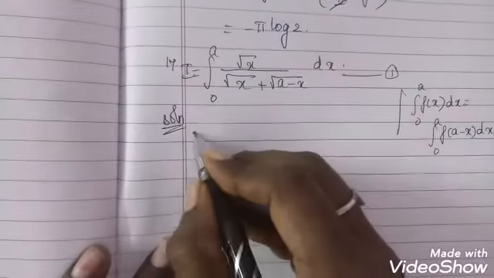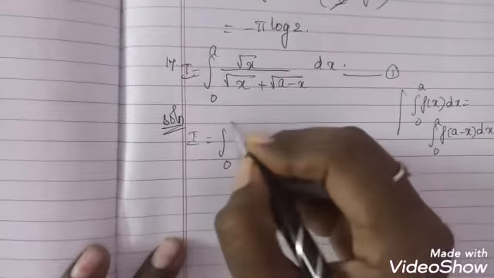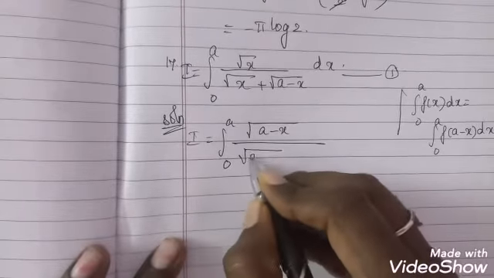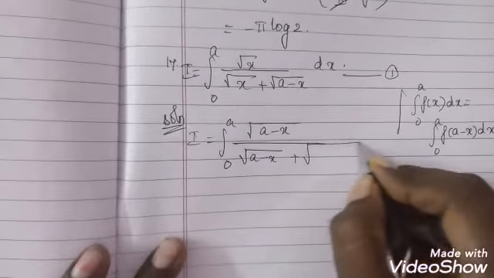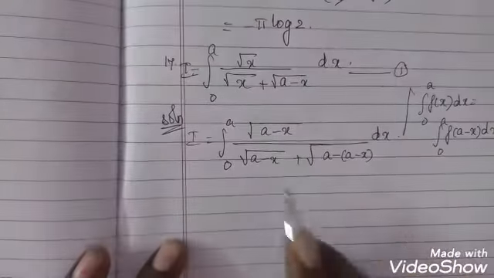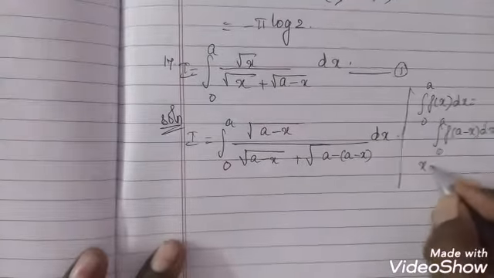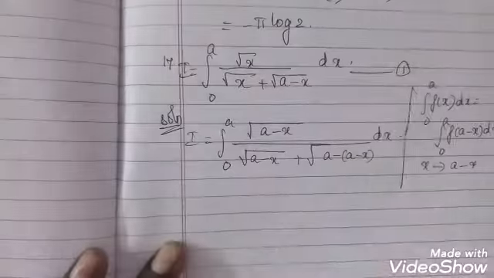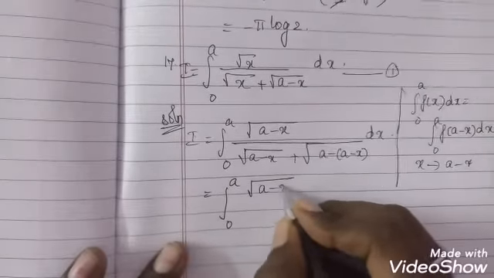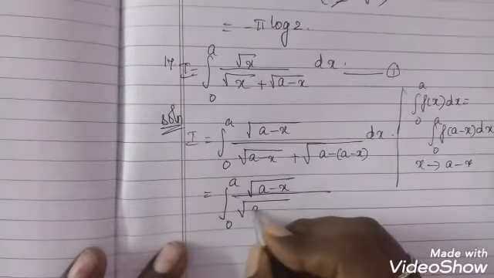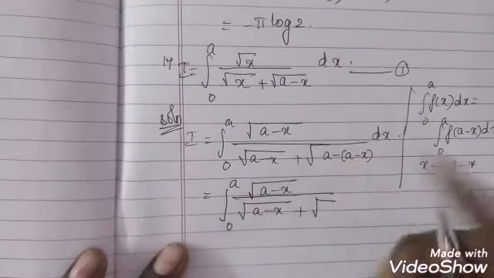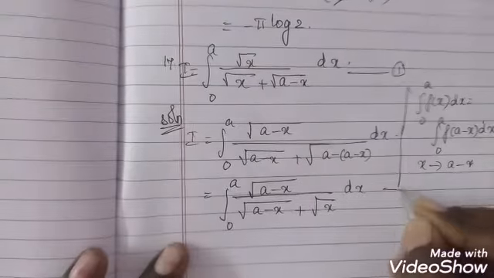So your I is equal to integral over 0 to a of root of a minus x divided by root of a minus x plus root of a minus x dx. That is, x is replaced by a minus x, the upper limit minus x. So it's root of a minus x divided by root of a minus x, plus, a and minus a get cancelled, minus of minus becomes nothing but x. I will mark this as 2.